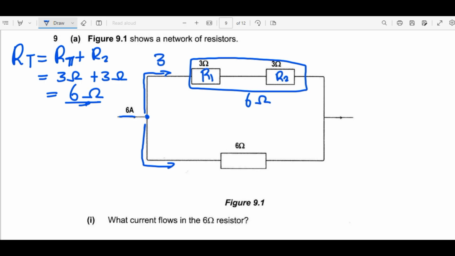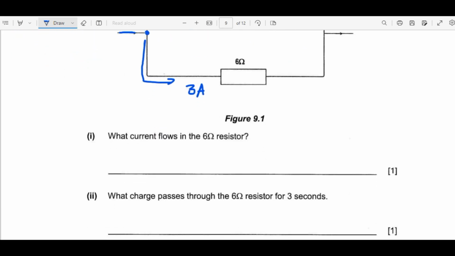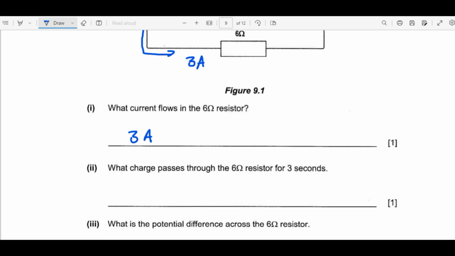Here 3 amps went in this direction, 3 amps in this direction. That's a principle, because current divides depending on the size of the resistor. Since we have the same total resistance, the current will also divide equally. So 3 amps.